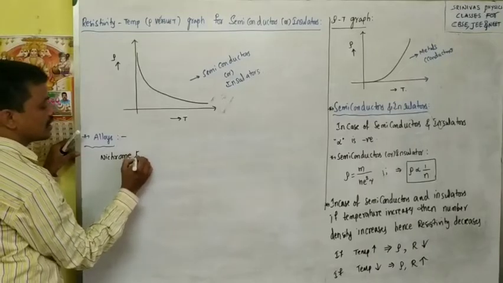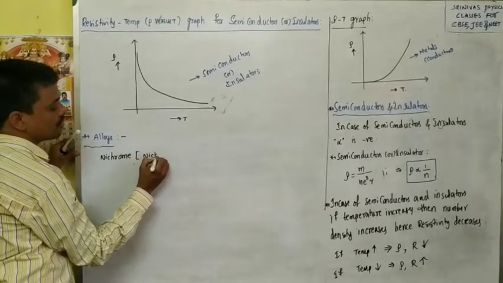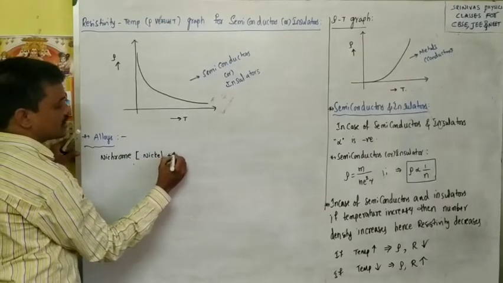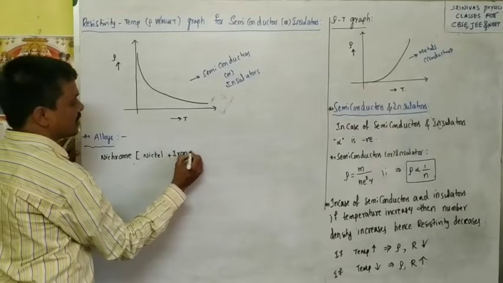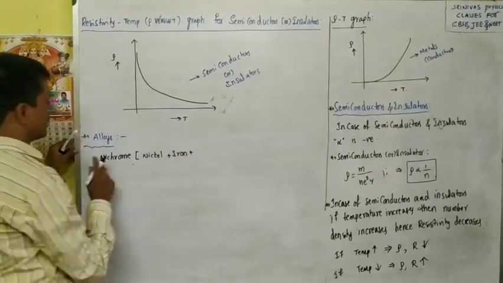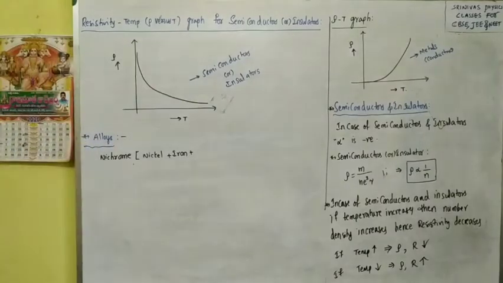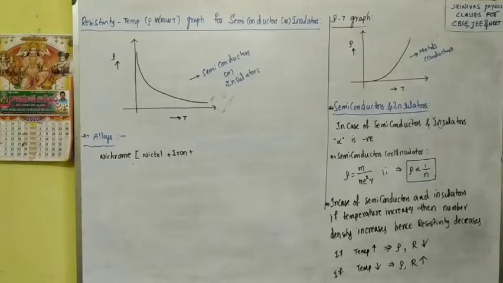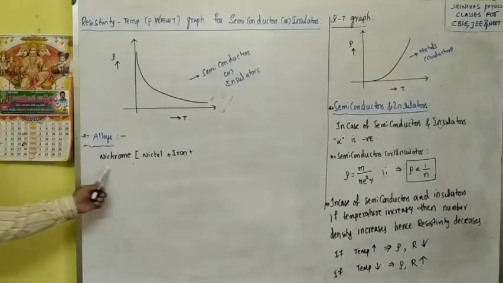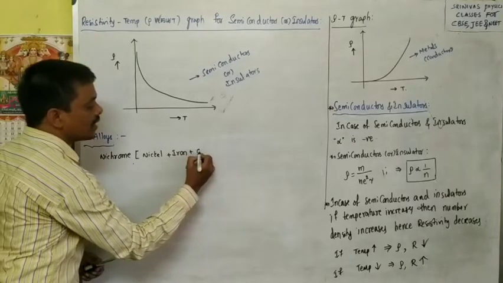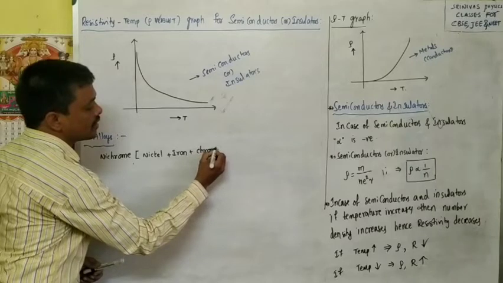Nichrome is the combination of nickel, iron, and what, do you know? Chromium. Nichrome is the alloy of nickel, iron and chromium.